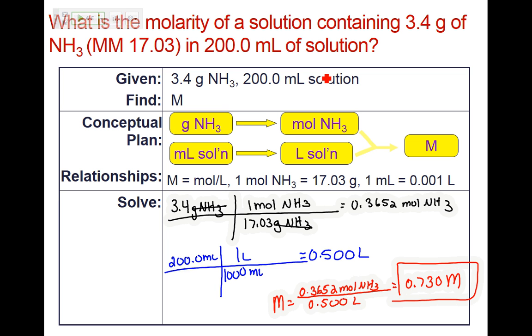And you can show the units as moles per liter, or you can show it as the big M. They mean the same thing. And oftentimes you'll see it both ways.